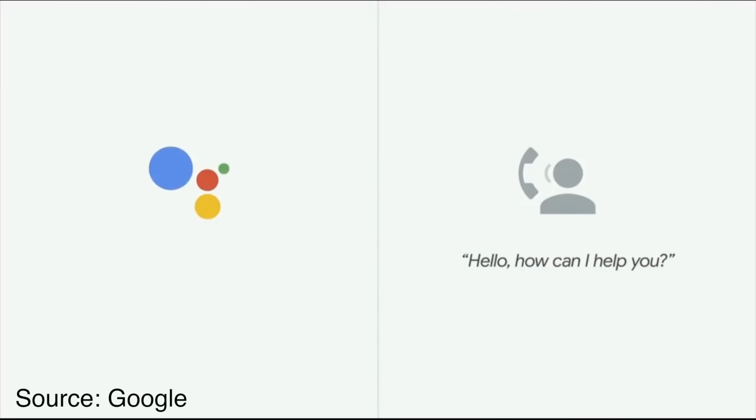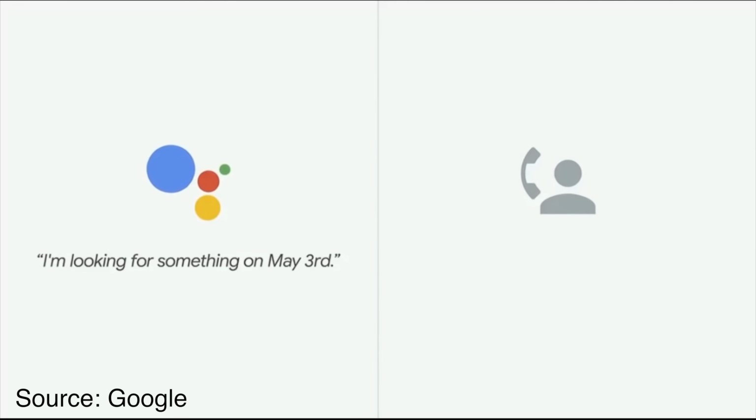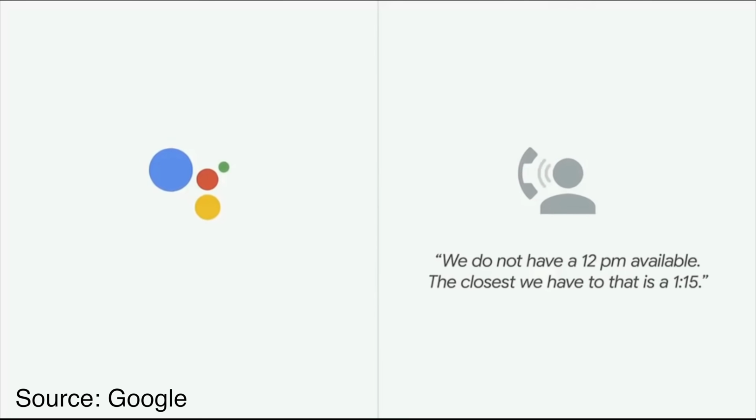So how can I help you? Hi, I'm calling to book a women's haircut for a client. I'm looking for something on May 3rd. Sure, give me 1 second. Sure, what time are you looking for around? At 12 p.m. We do not have a 12 p.m. available. The closest we have to that is a 1:15.